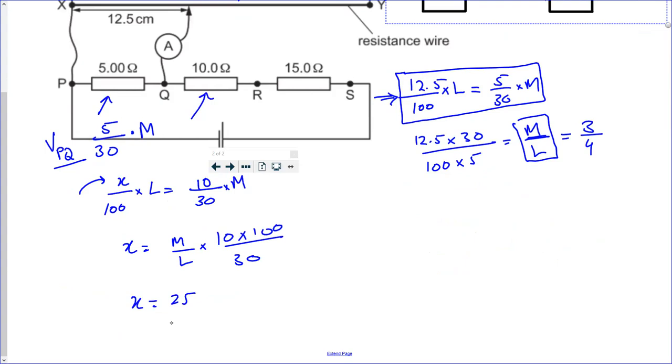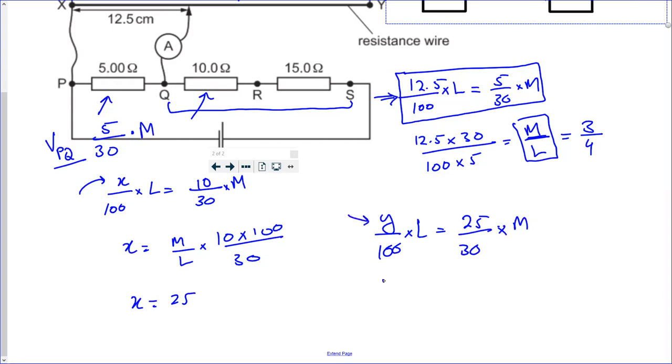Is that right? And the next they have mentioned is Q to S. So for Q to S, I call the balance length Y, so Y out of 100 into the voltage L must be balanced by the resistance from Q to S, which is 25 out of 30 into the voltage M. So I need to find just Y. Y will be equal to 25 into 100 over 30 into M over L. How did we get 25?